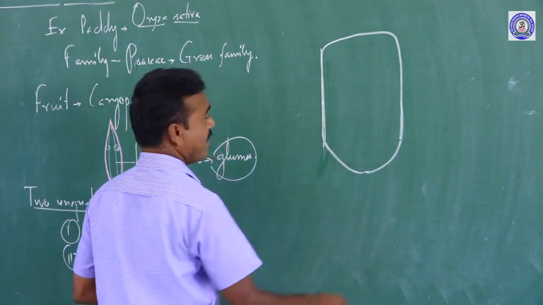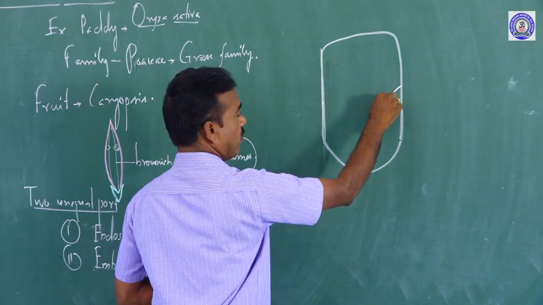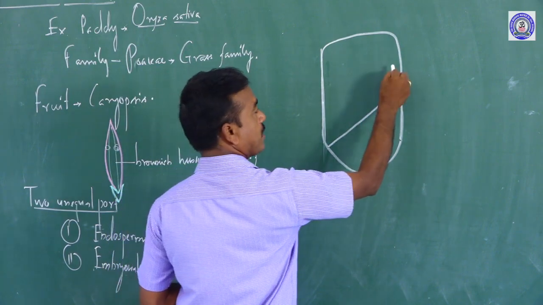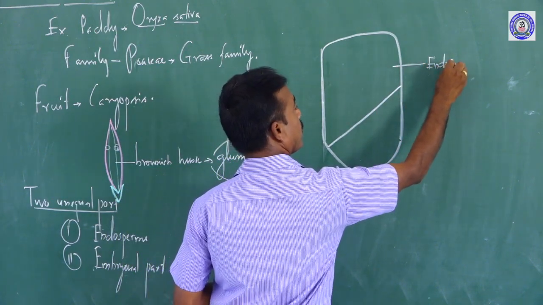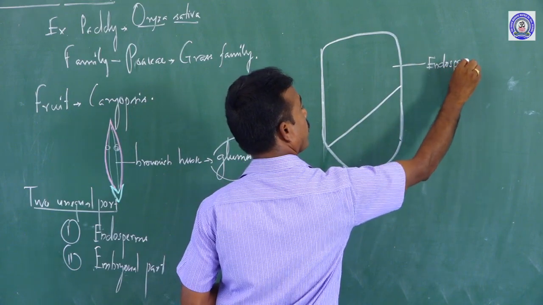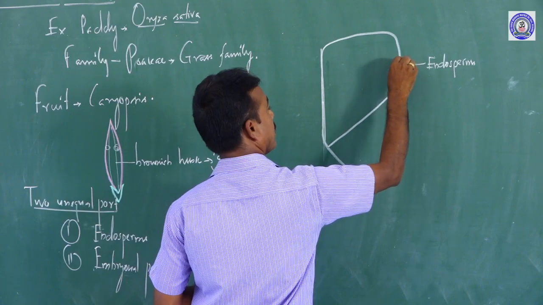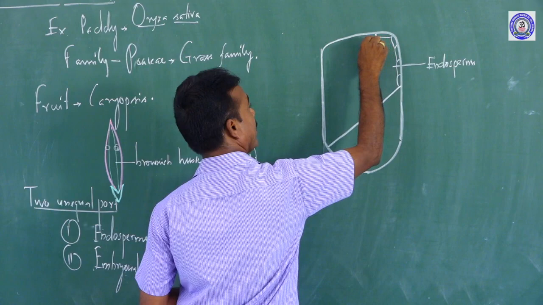So the paddy exists in two unequal portions. The largest part is commonly called the endosperm. That is covered by a single layer, which covers the entire seed and divides the two unequal portions.